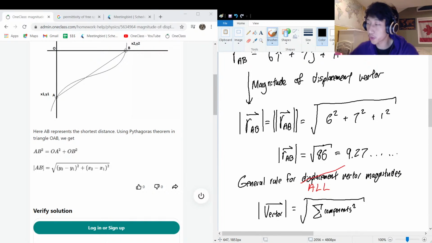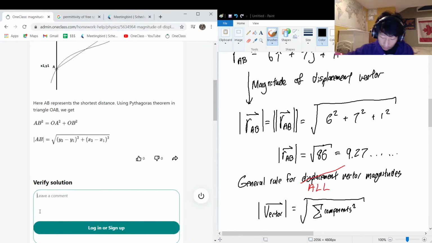Okay, so as a general rule, that's the equation that you want to use for getting the magnitude of a vector. Any vector, force, displacement, torque, electric field, all those vectors, you can get their magnitude this way.